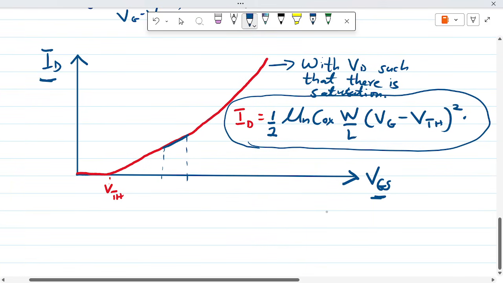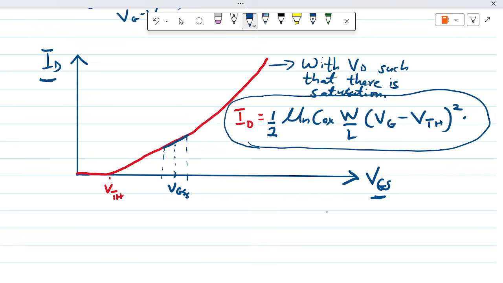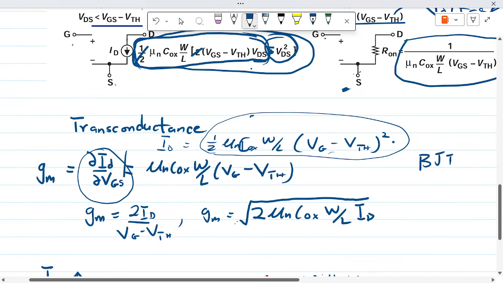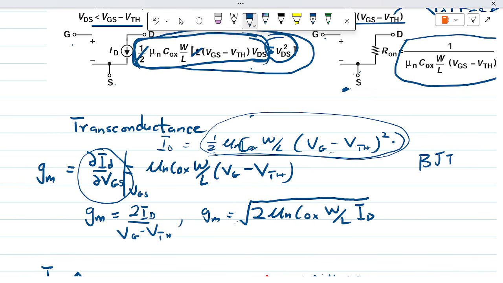So assuming this is the operating point, I am biased at VGSO. Around this operating point, if I differentiate this with respect to VGS using the chain rule, I'm going to get this expression here.